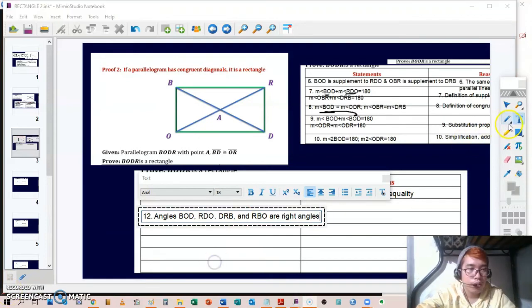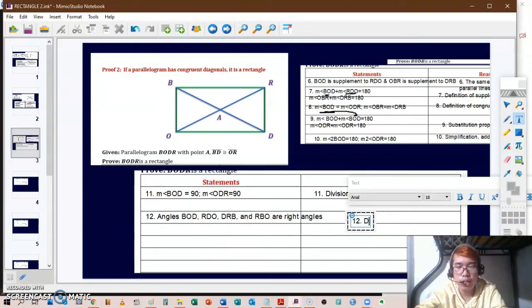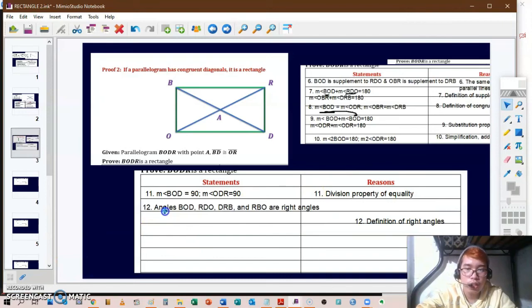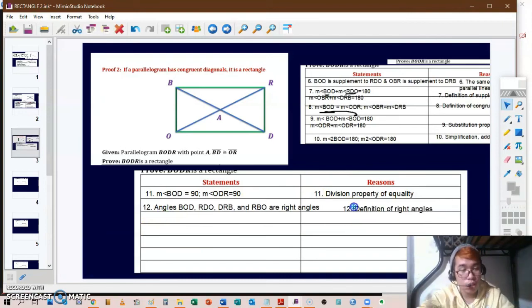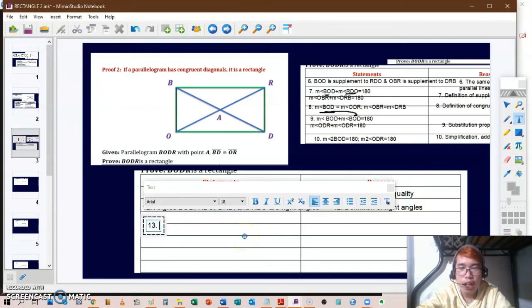And the reason for number 12 is simply the definition of right angles, because I've already established that they are right angles here. There are two right angles here at number 11, and that also follows for the parallelogram with supplementary angles. We have here the definition of right angles.